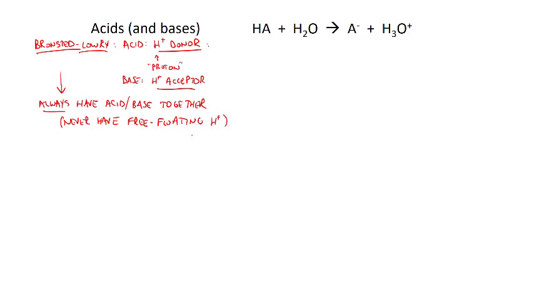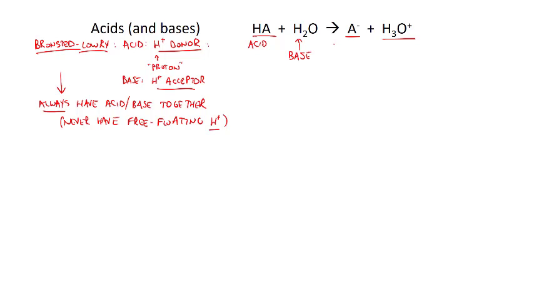So sometimes as a shorthand, we will just say that you're forming a proton in solution, but you have to keep in mind that that never literally happens. Your proton jumps from one molecule to another. So for example, if we were to take HA here, which is considered an acid, and mix it with water, what we end up doing is we lose a hydrogen and we form H3O+. So in this situation, water is acting as our base.